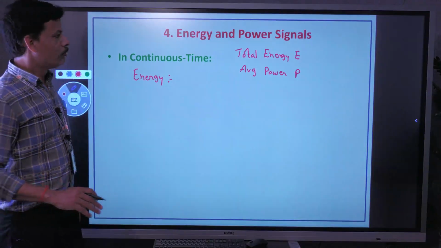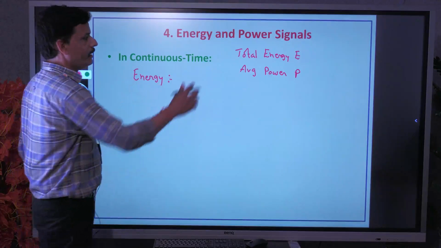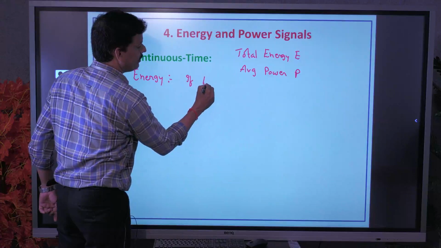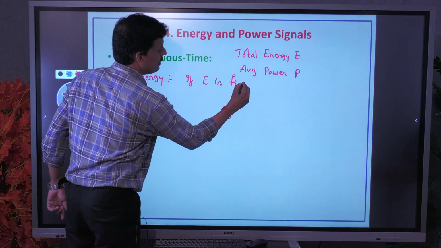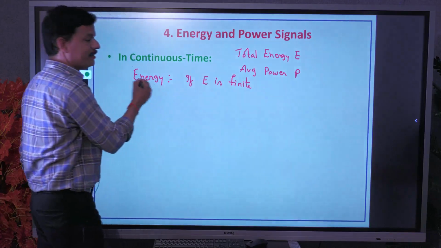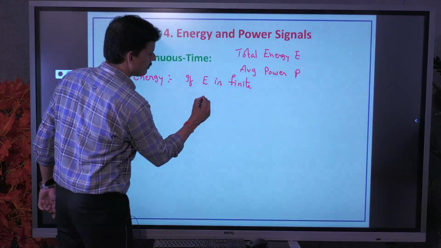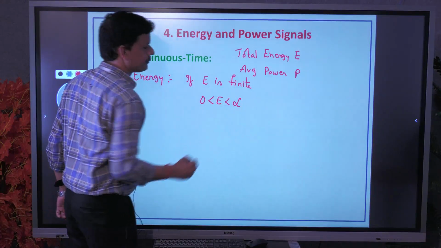Once these two are defined, a signal is said to be an energy signal if the total energy E is finite. If the total energy E is finite, we can say that the signal is an energy signal. It means we can show it as 0 less than E less than infinity.